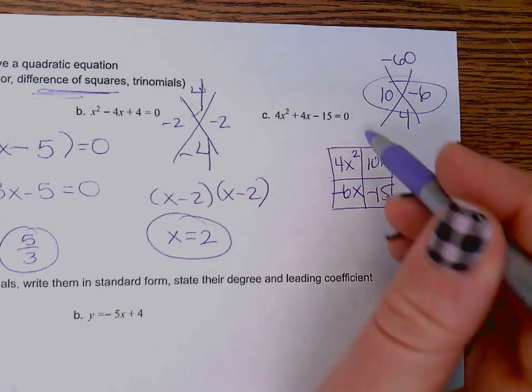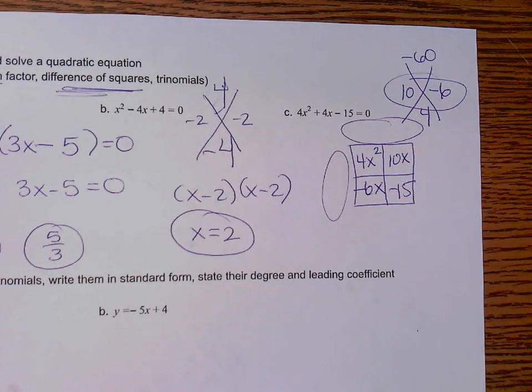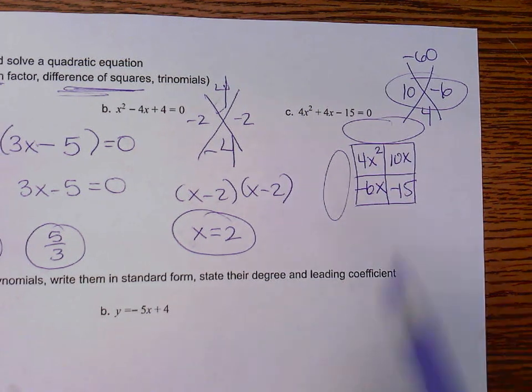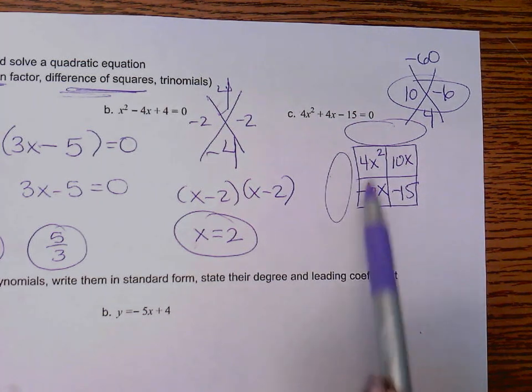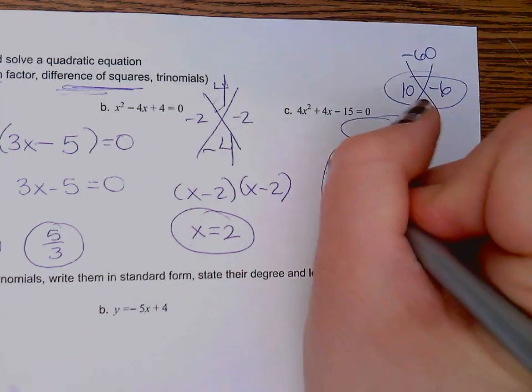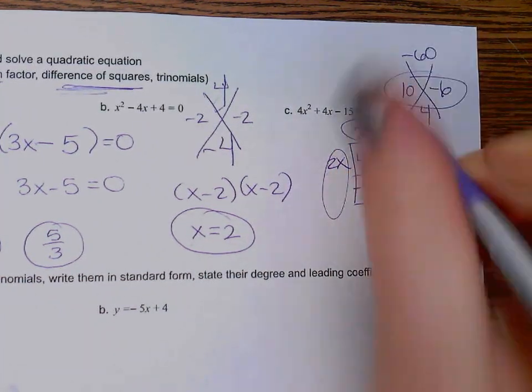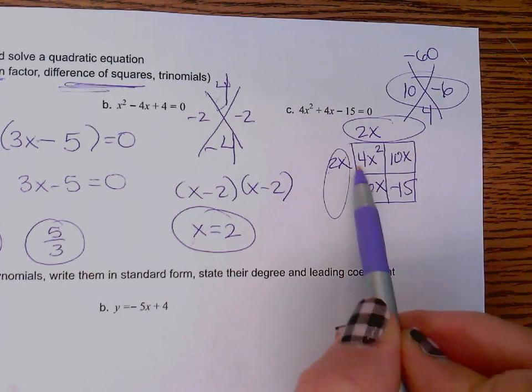And then you're looking for what goes out here to multiply to give you the box. So you don't want to use 4x times x, because if you put a 4x in either of these spaces, how are you going to multiply to get 6, or how are you going to multiply to get 10? So you want to use whatever is going to work for the next box over. 2 times 2 is going to give me that 4x squared.